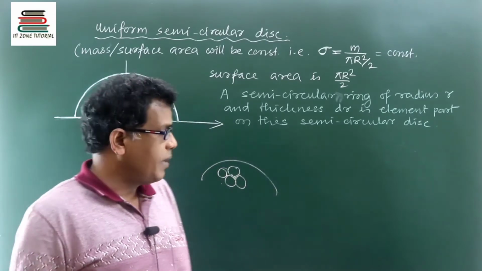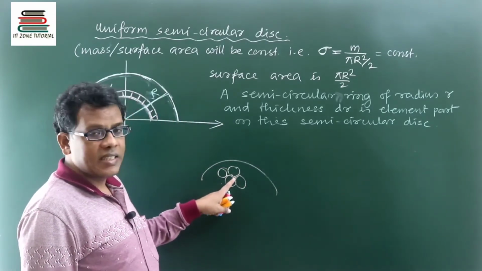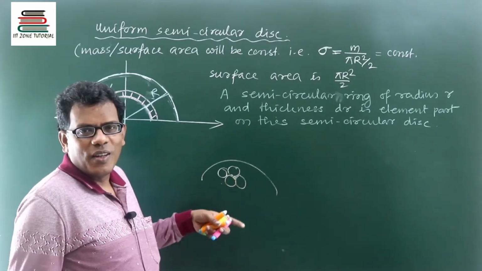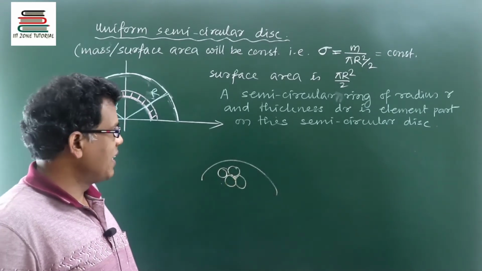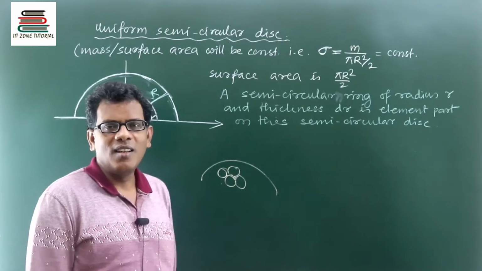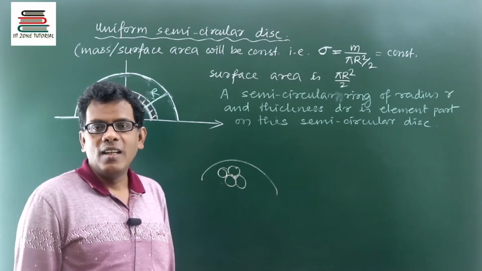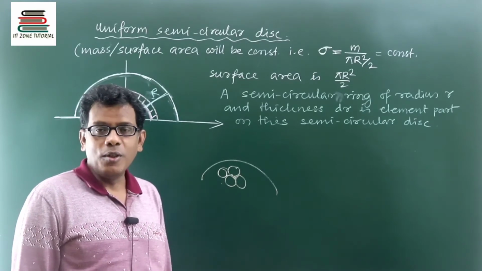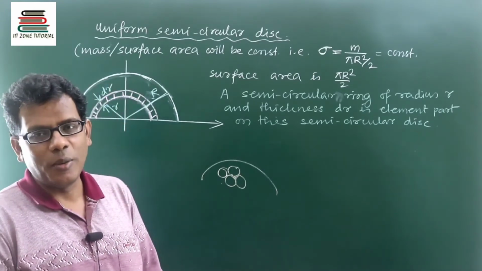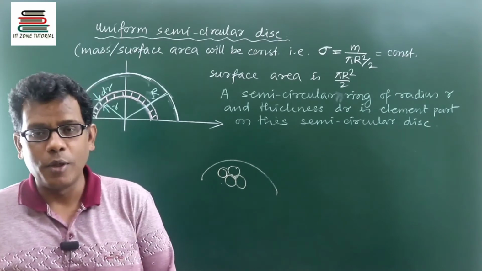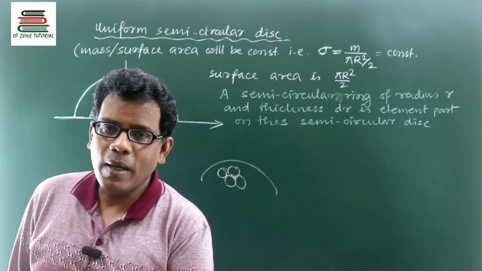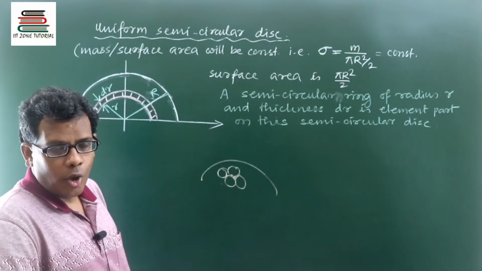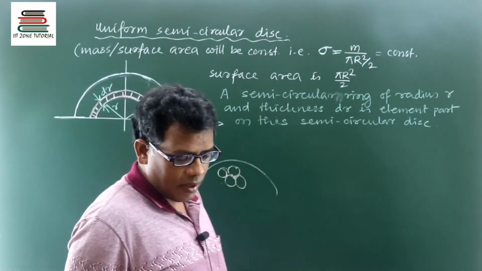So that will be that segment, right, whose mass will remain unused in calculating the center of mass of the semicircular disc, then conservation of mass will fail. So we can't take any such geometry as the element body so that some mass of the primary body remains unused.